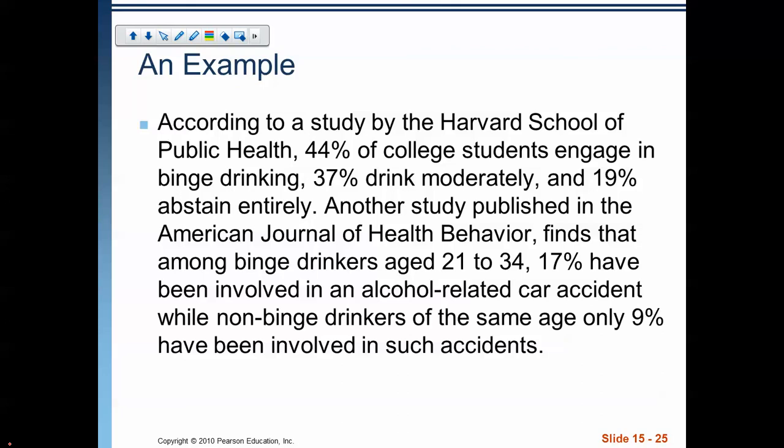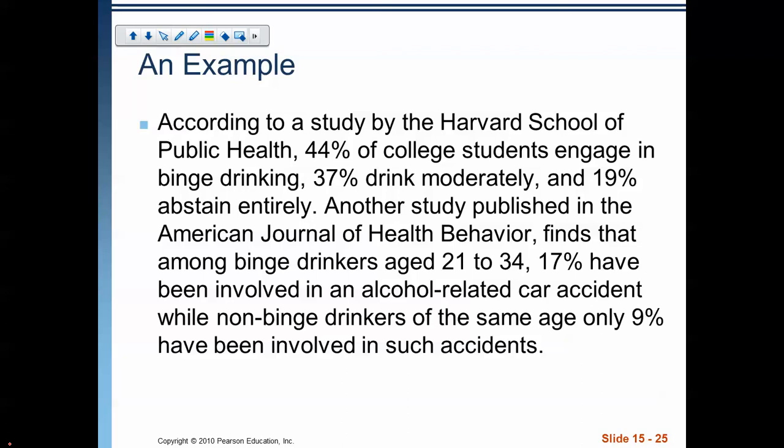So, according to a study by the Harvard School of Public Health, 44% of college students engage in binge drinking, 37% drink moderately, and 19% abstain entirely, right? Binge drinking, you should think of as the same as binge watching something on Netflix.